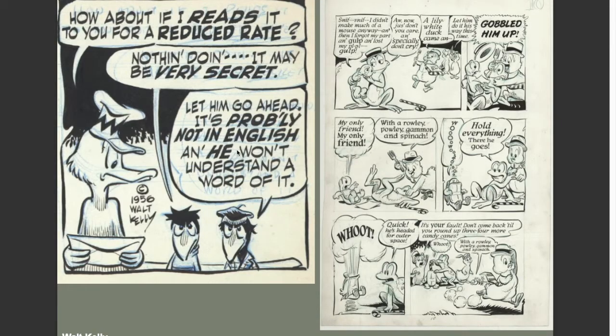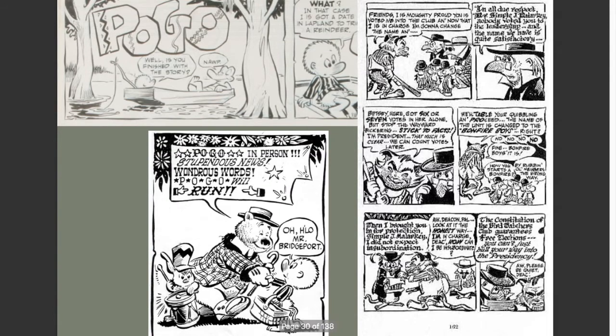There's more Kelly. When people think about Kelly, they think about pages like this that has a lot of different typefaces or fonts for different characters. They think about this one here, which is this sort of P.T. Barnum-like character who speaks in these kind of circus banners. Pogo in person, stupendous news, wondrous words, Pogo will run.